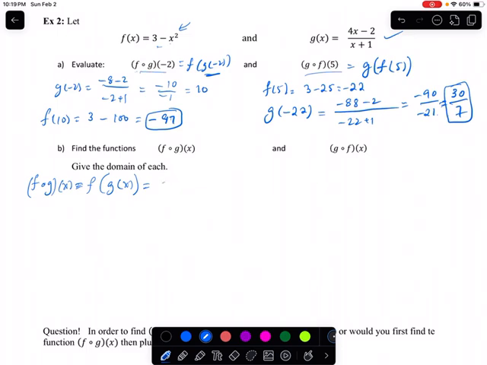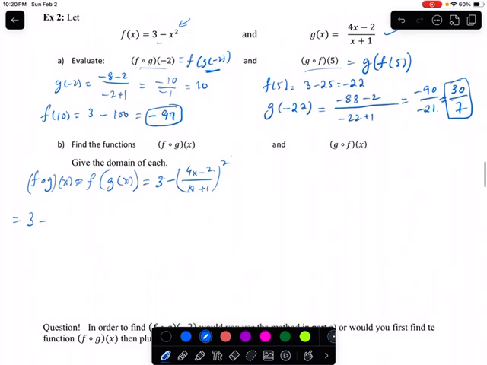So we will have 3 minus, in place of x, I have to write the function g. So I have 4x minus 2 over x plus 1, whole squared. Now I can simplify 3 minus, so I'm getting 4x minus 2 whole squared divided by x plus 1 whole squared.